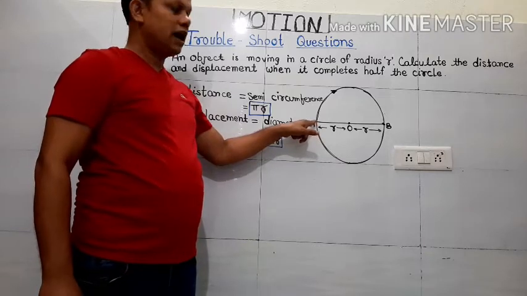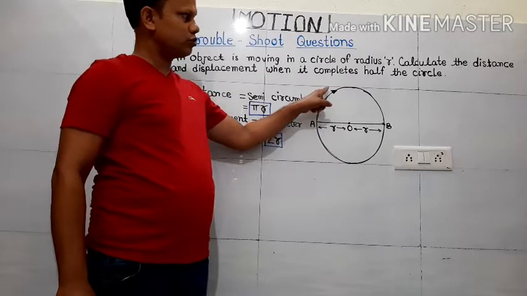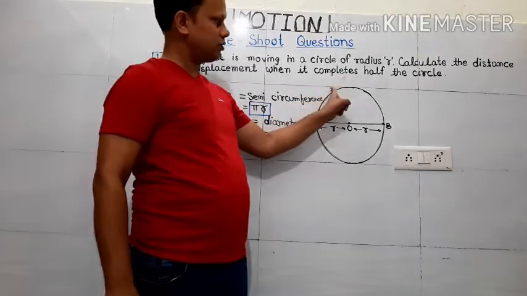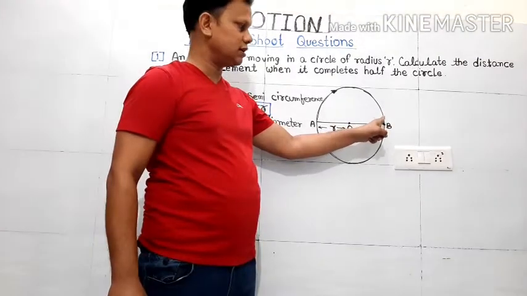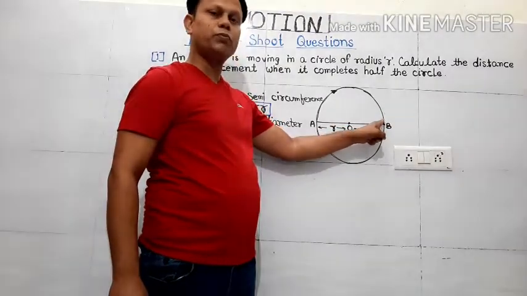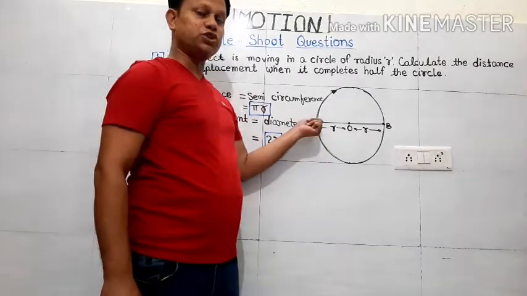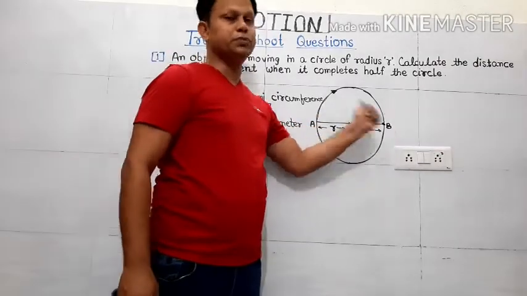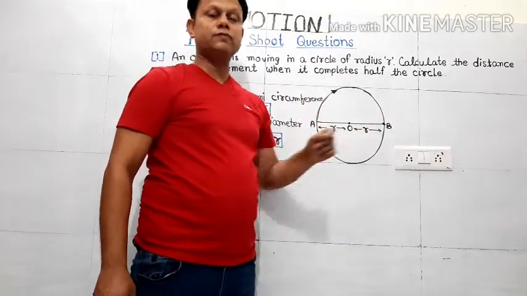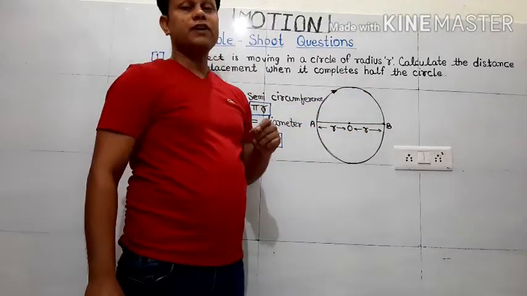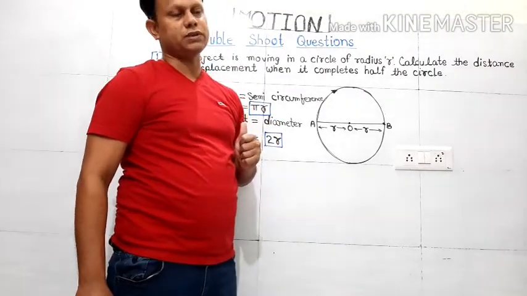Now, half circle means it has to move through this circular path, and since it is only half the circle, we must be reaching point B. So starting from position A and reaching position B, after doing this kind of shifting, we have to determine the value of distance and the value of displacement.